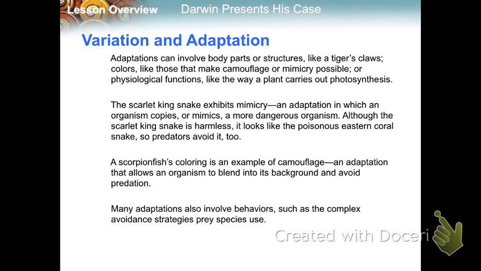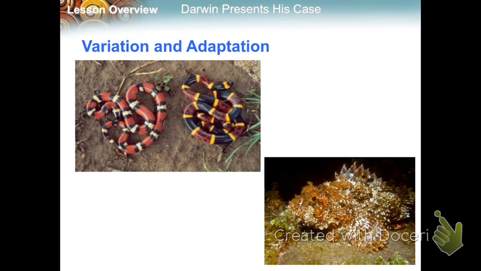The king snake is harmless. The coral snake is poisonous. So the king snake is harmless right here, and the coral snake is poisonous. Red on yellow, hurt a fellow. Red on black, you're okay, Jack. Something like that. Mr. Bond taught me that the other day.